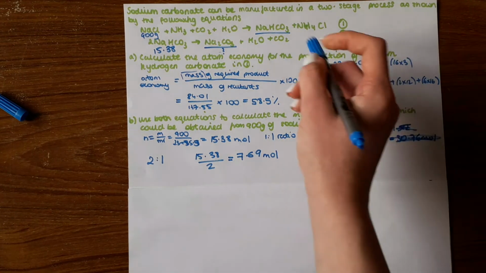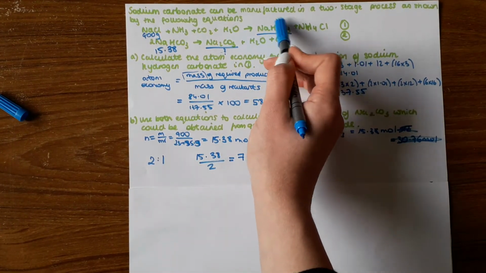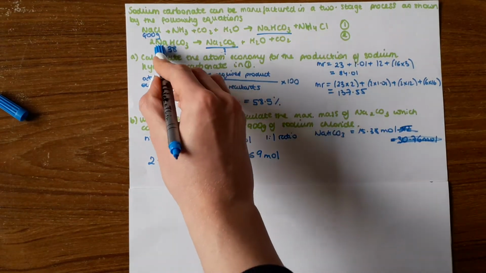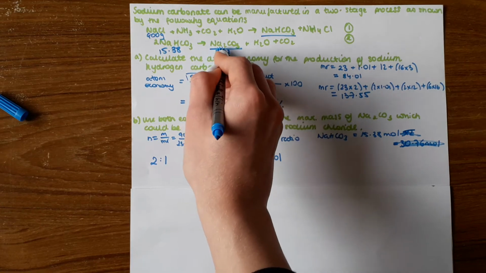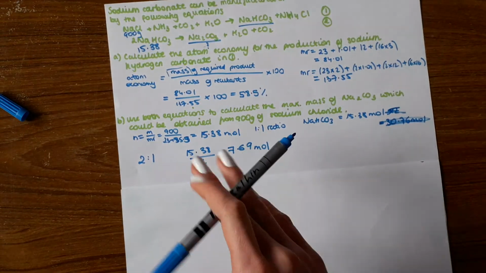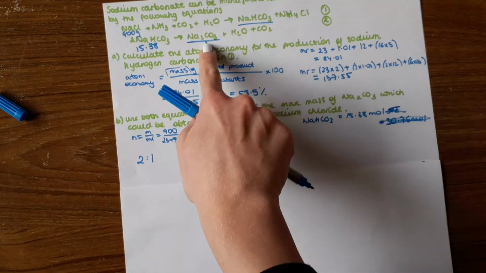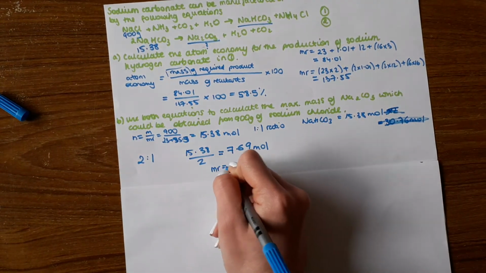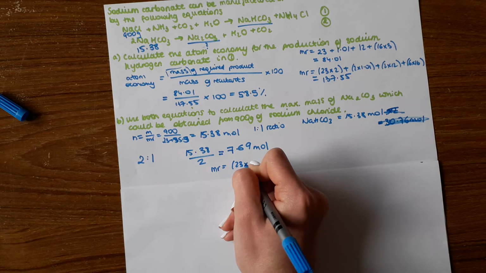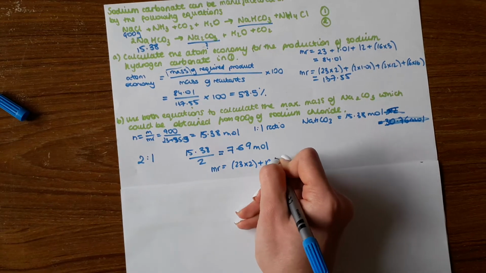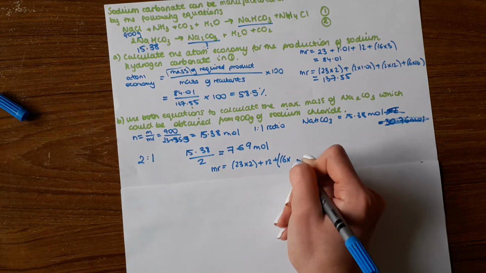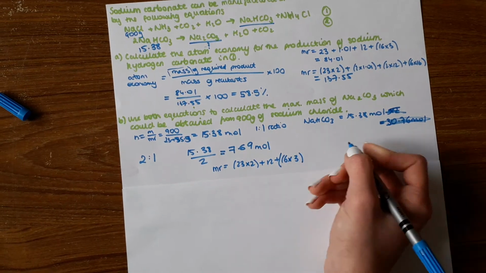But this amount of substance right here is the same as this one. But now it shows you the ratio between these. So this is the number of moles for Na2CO3, and the MR of this is 23 times 2 plus 12 plus 16 times 3.